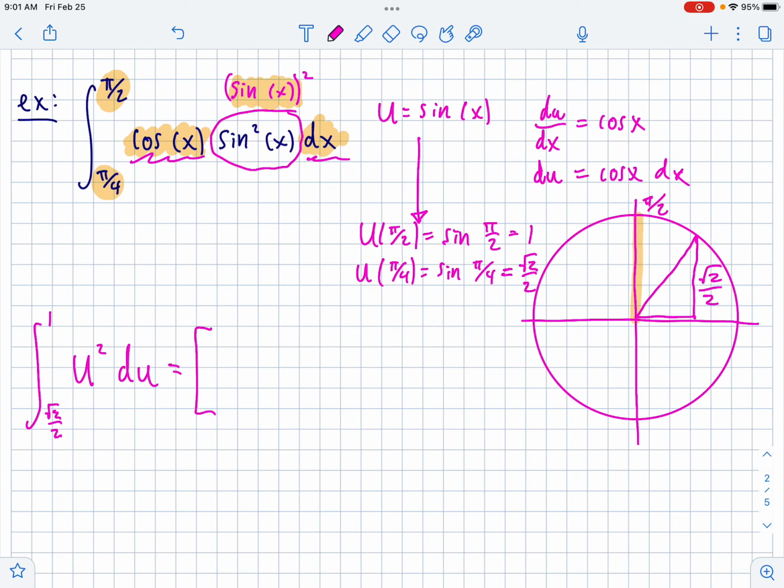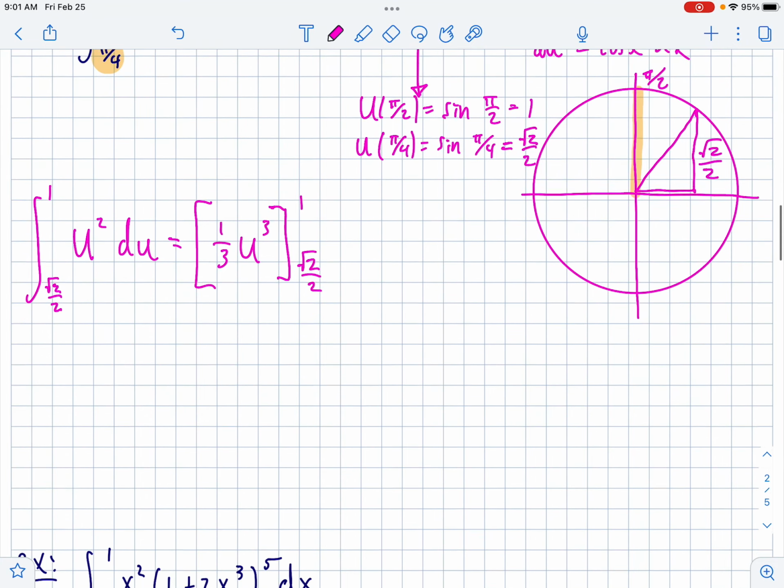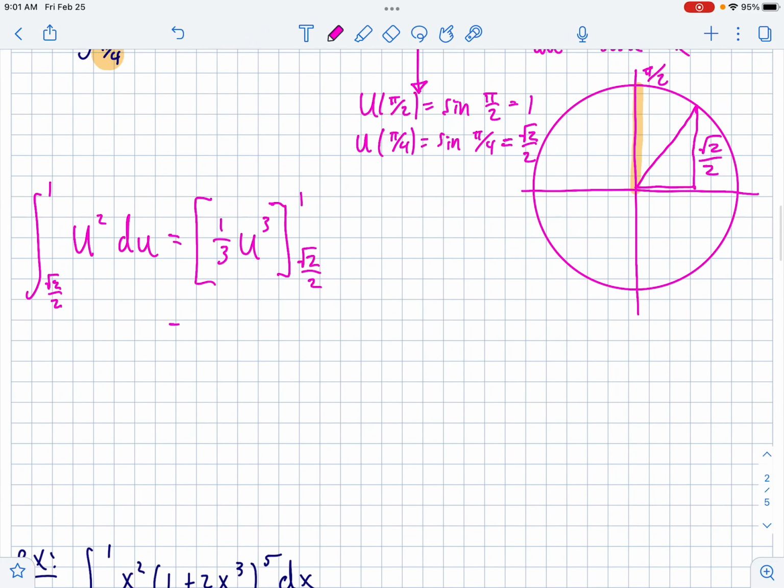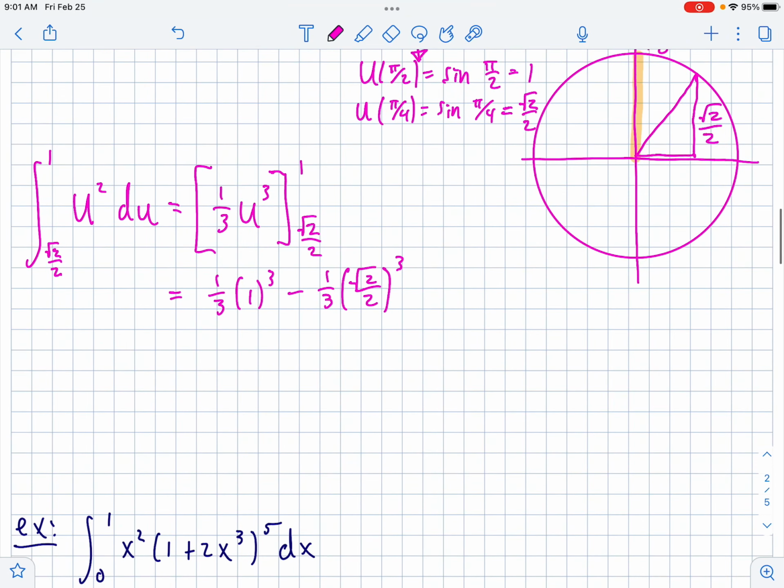Take the antiderivative, and you get 1/3 u to the 3rd from root 2 over 2 to 1. Now plug those in, and we get 1/3 times 1 to the 3rd minus 1/3 times root 2 over 2 to the 3rd power. Now this part just becomes a big 1, so we don't have to worry about that.